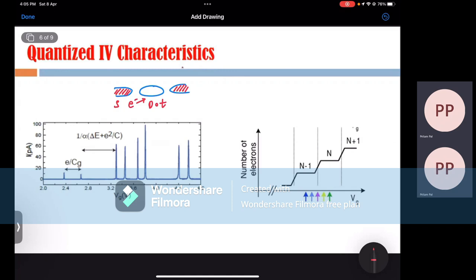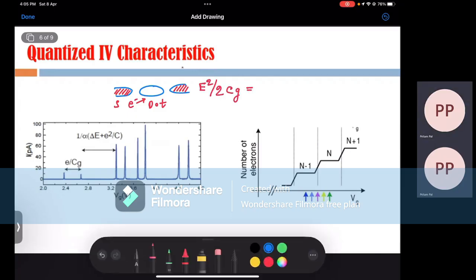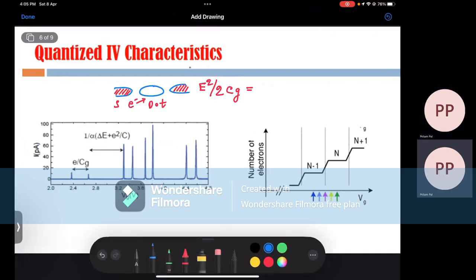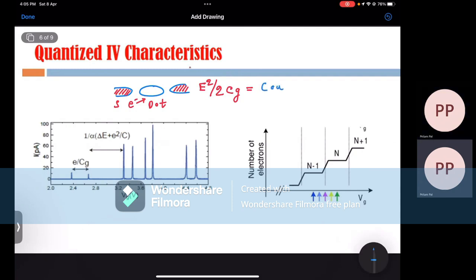then we have to basically supply the energy, right? That Coulomb energy, which is equal to e squared over 2Cg, where Cg is the capacitance. As you know, it's e squared over 2Cg. This much Coulomb energy you need to supply to the system, right?